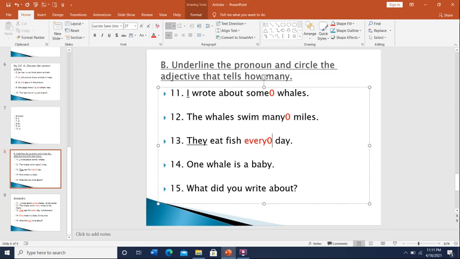Next, one whale is a baby. Are there any pronouns? No. But the number one here is an adjective, so circle one, because one is an adjective that tells how many. What did you write about? You is a pronoun, and there's no adjective here that tells how many.